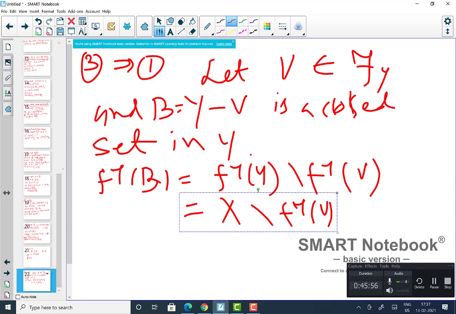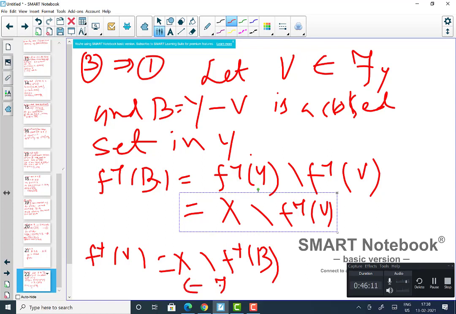Hence f inverse of V is nothing but X minus f inverse of B, the complement of a closed set, and hence f inverse of V is open. So this is an element of the topology of X.